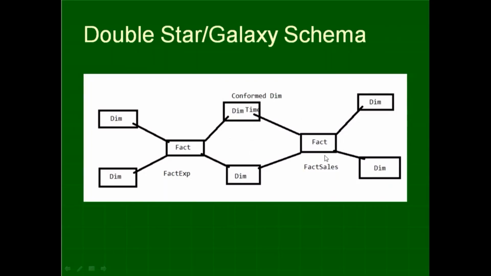Clear? If any dimension is connected with multiple fact tables and the meaning is the same everywhere, so if I say semester, it is a semester here also, it is semester here. If that is not the case, then this is not a conformed dimension.